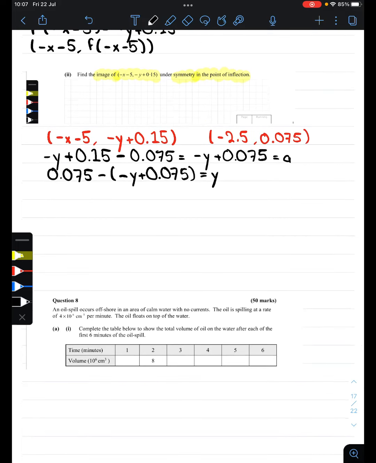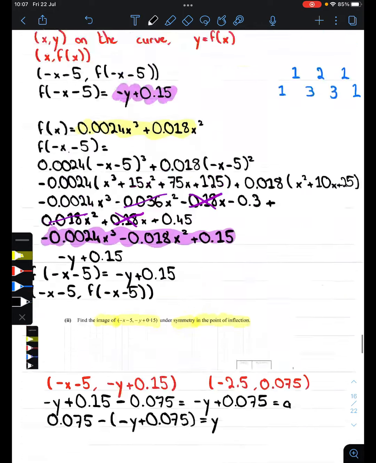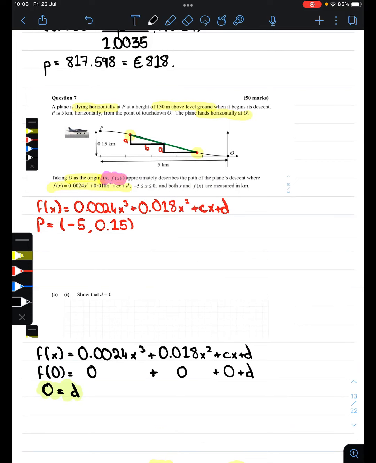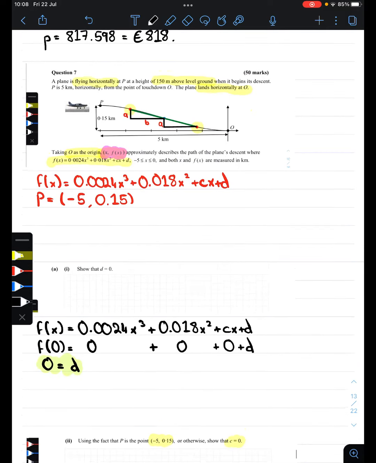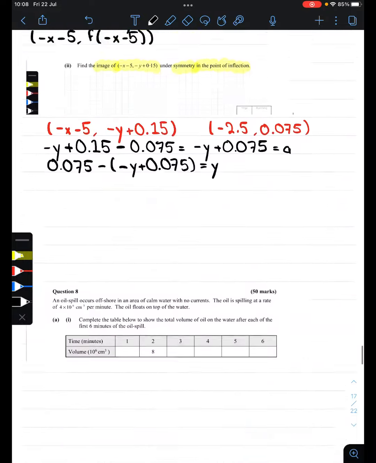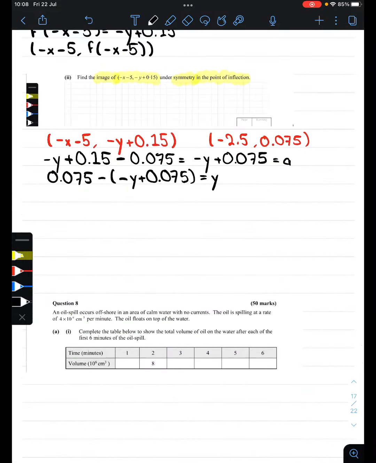All right, so now let's do the x coordinate. Well, what is b? Well, b is the difference between the x coordinates of our point and the point of inflection.